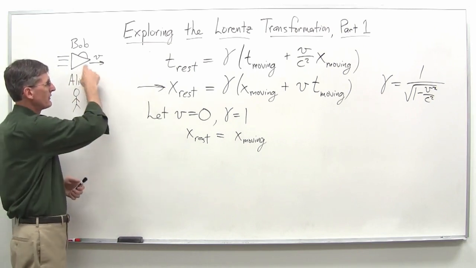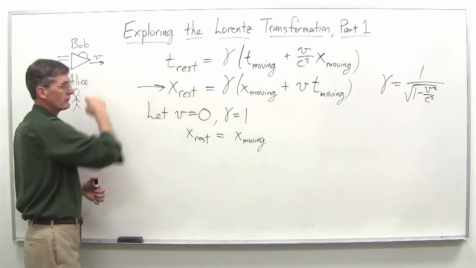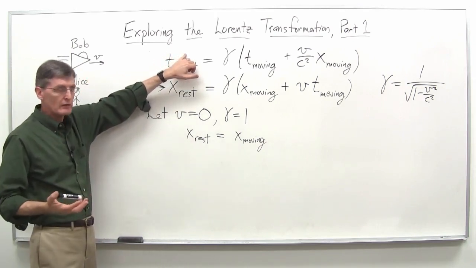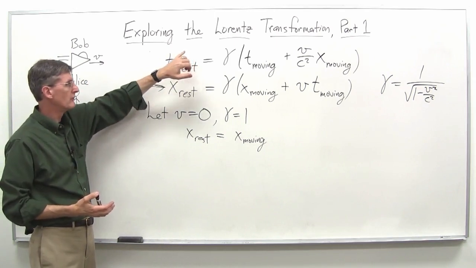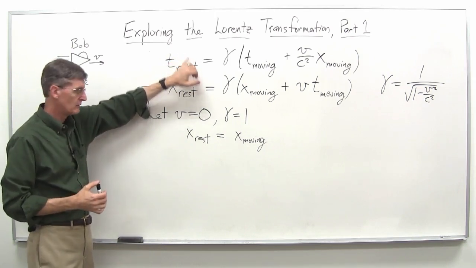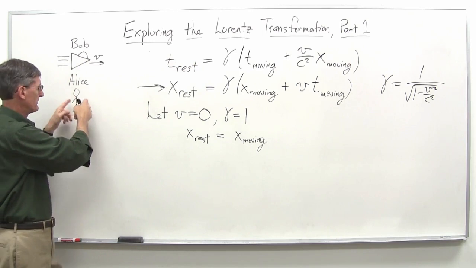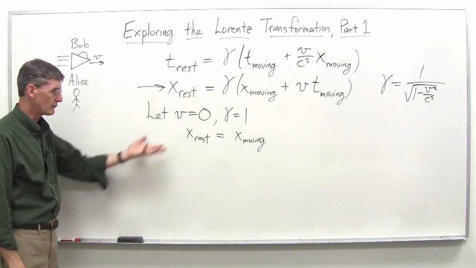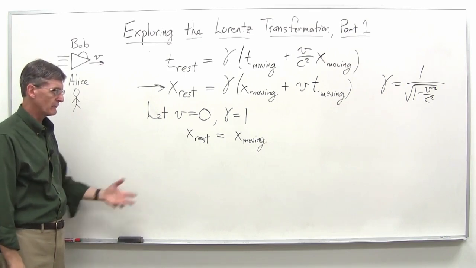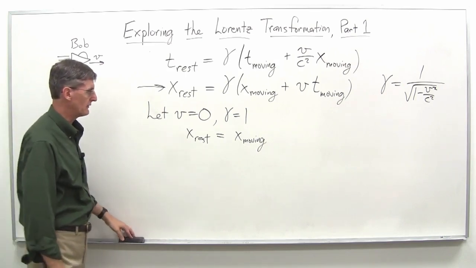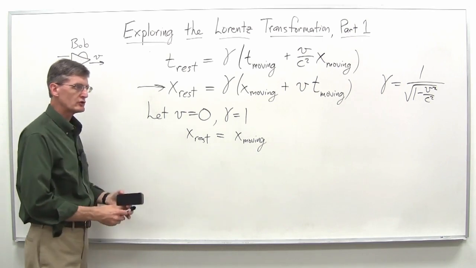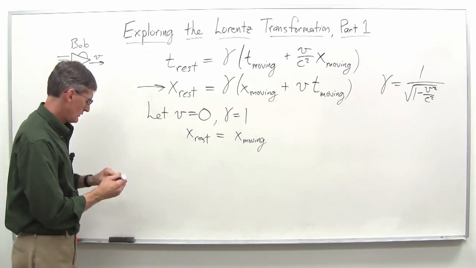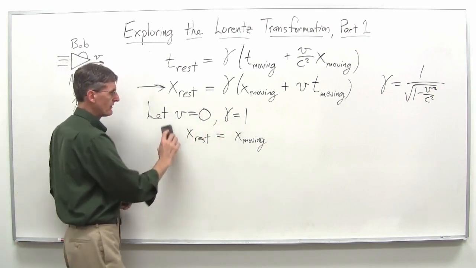So any measurement that Bob makes in his moving frame, say he sees something at x moving equal to 23.8, since they're stationary with respect to each other, Alice would also see that on her system as 23.8. That's what this is telling us, and we hope we get this answer, otherwise something went wrong along the way. So that's one simple check we can do. That was our first test case.